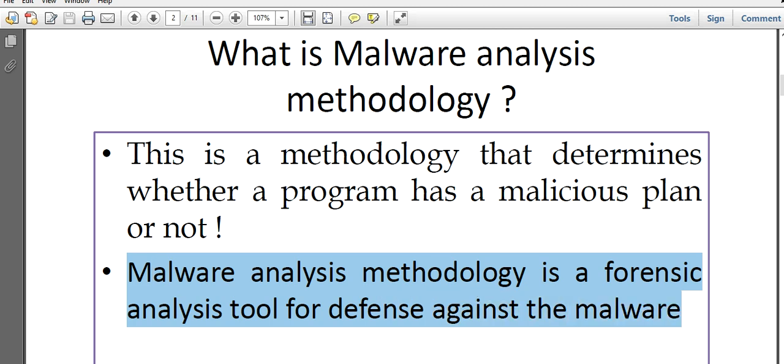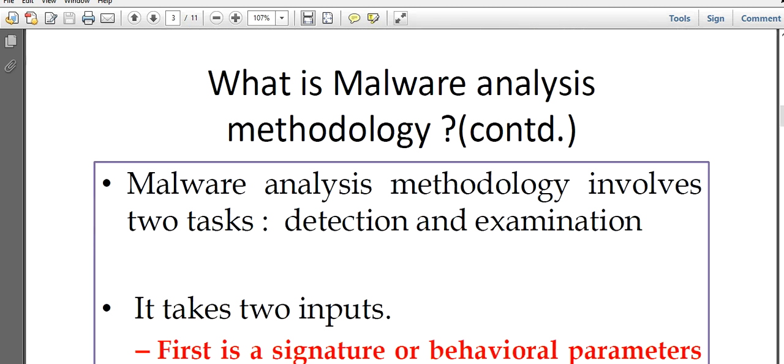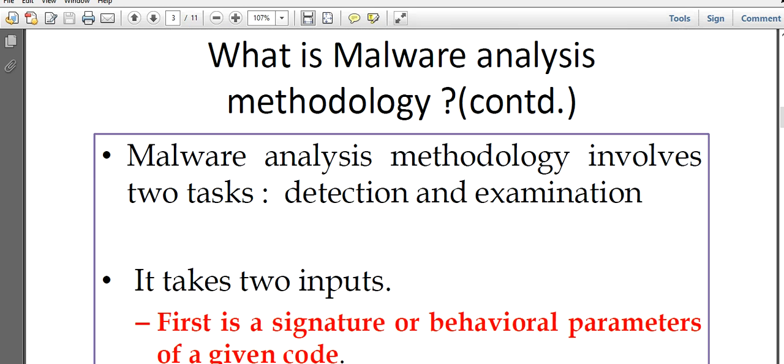And you all know that malware is very harmful for our important files and our system, isn't it? Malware analysis methodology involves two tasks. Do remember that it involves two tasks. The first one is detection and the second one is examination.